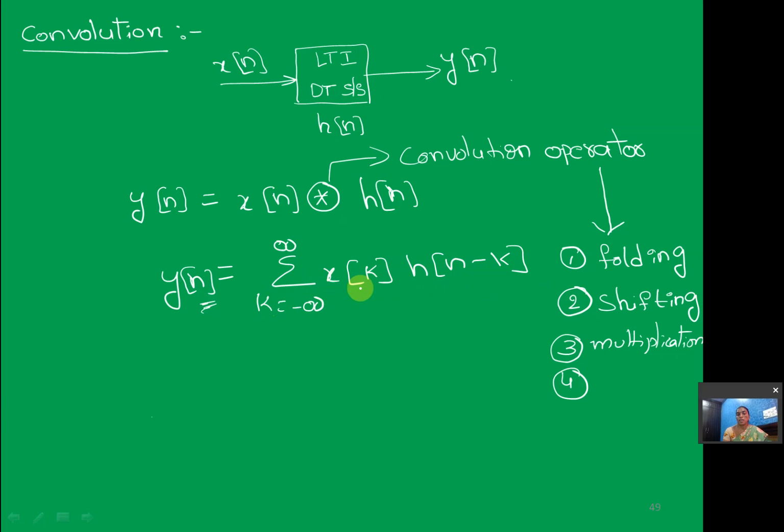After multiplication, based on these k values we have so many product terms. Summation means we have to add all the product terms, so we should use an adder or summer, that is the addition operation.